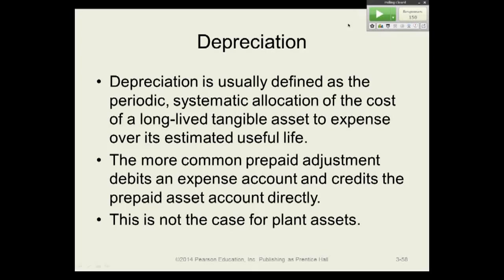The net book value of the asset is going to be the cost of the asset... okay. So on the balance sheet, you're always, and this answers your question, yes, it's a deferred cost.